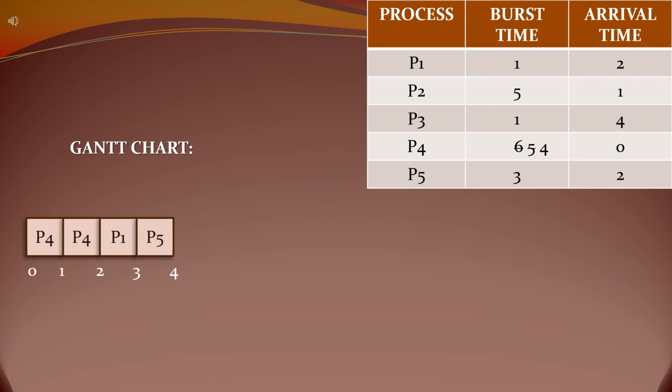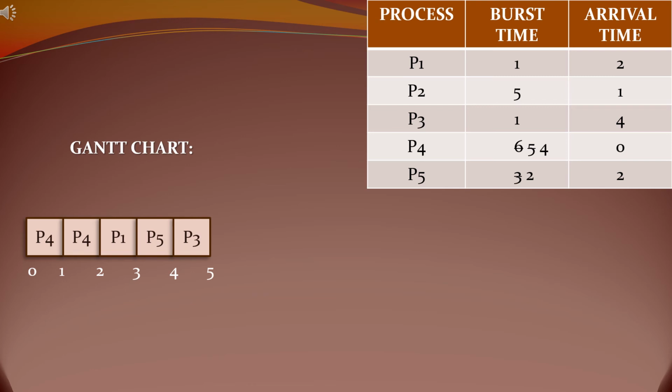After that, among P2, P4 and P5, which one is shortest? Yes, P5 is shortest. So P5 will be picked here and executed for 1 unit of time. So the executing time will be 3 plus 1, that is 4. Now at time 4, the process P3 also arrived and the remaining time for P5 is 2.